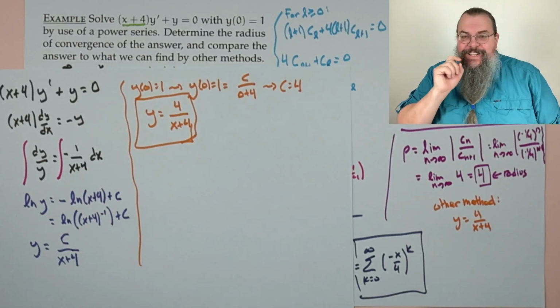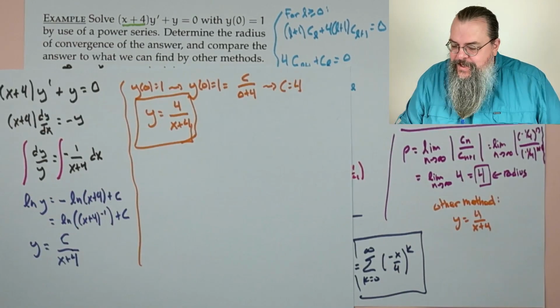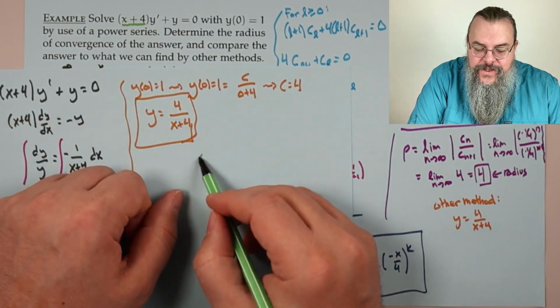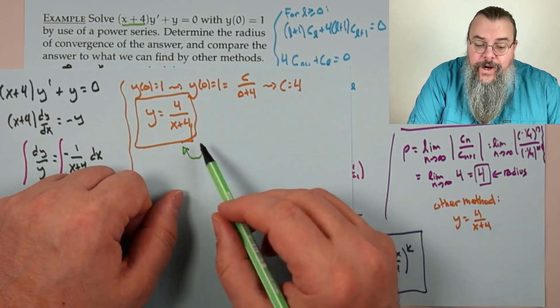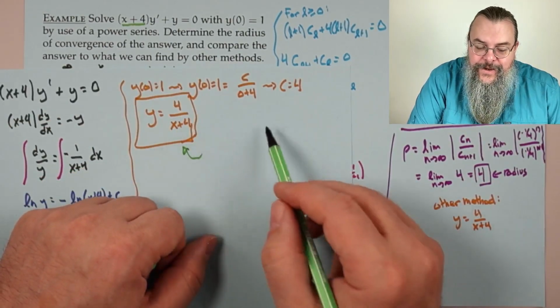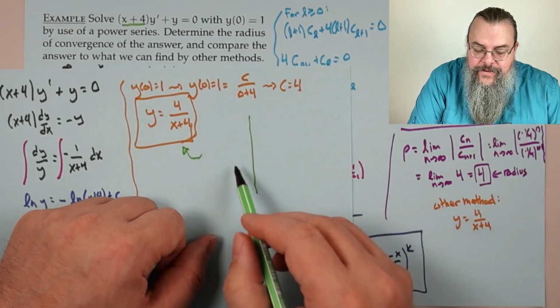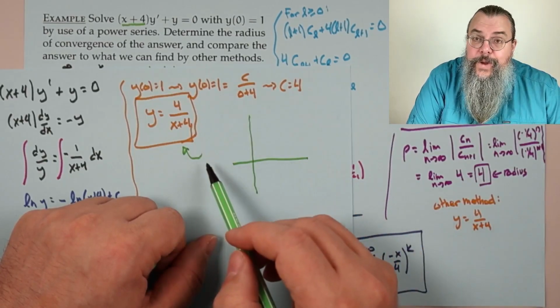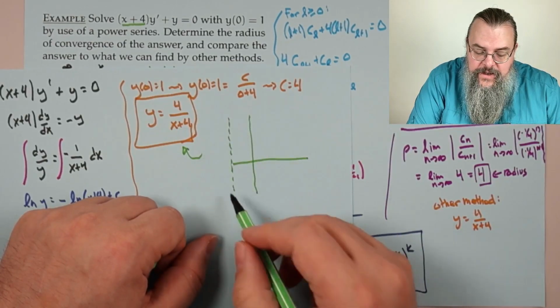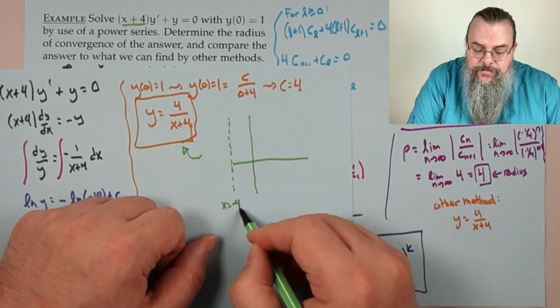Let's be careful here. When is this true? When do we have y equals 4 over (x plus 4)? When is that valid? If you graph this, we have an asymptote at x equals negative 4.